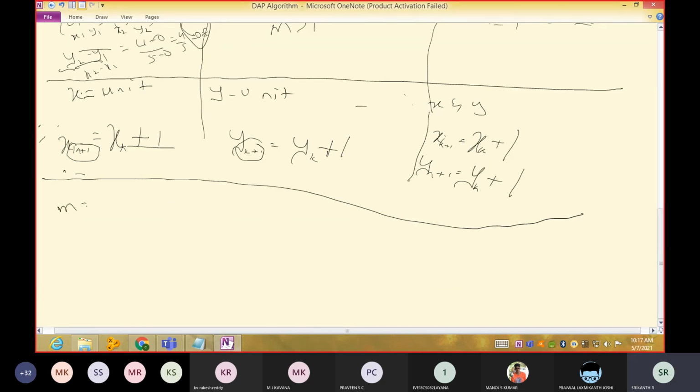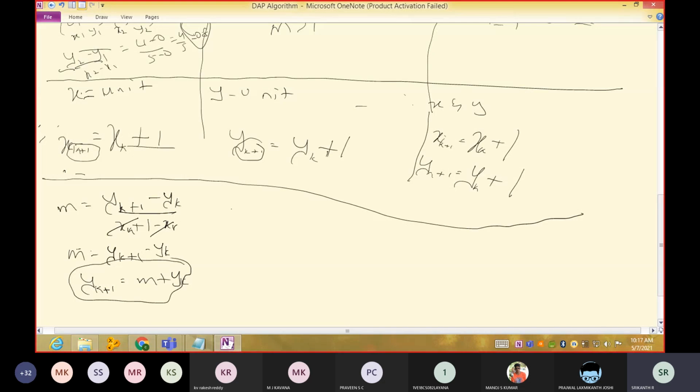We have the formula for slope m is equal to y of k plus 1 minus yk divided by x of k plus 1 minus xk. So this xk gets cancelled. We will be left with m is equal to y of k plus 1 minus yk. So we need to find y of k plus 1, which is equal to m plus yk. So this is the thing.